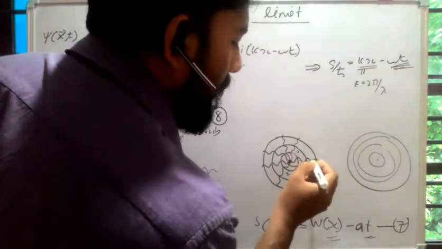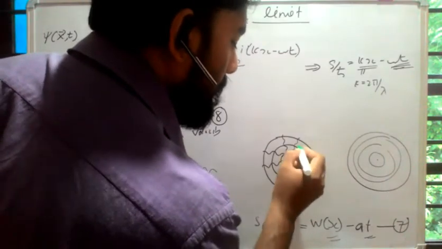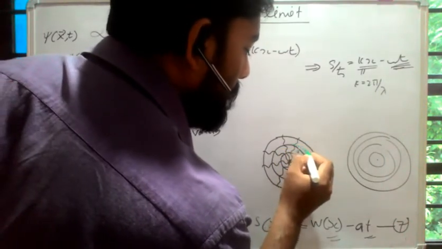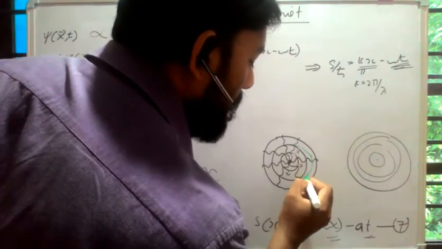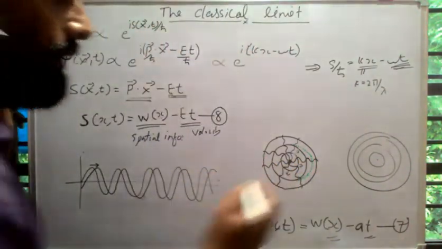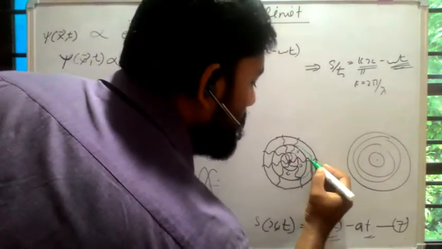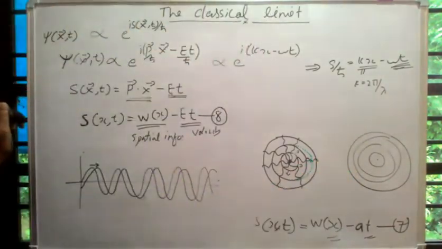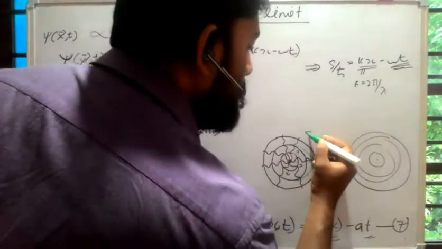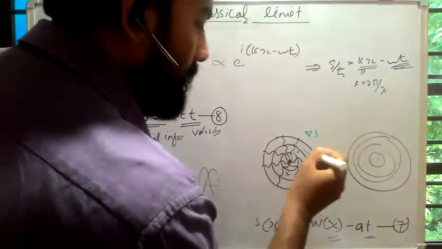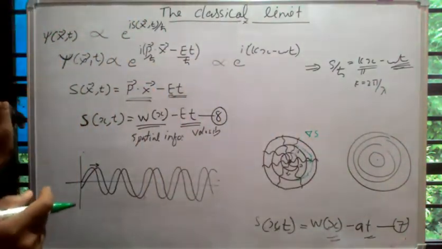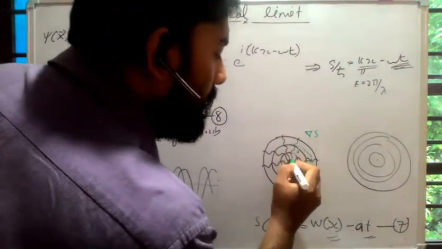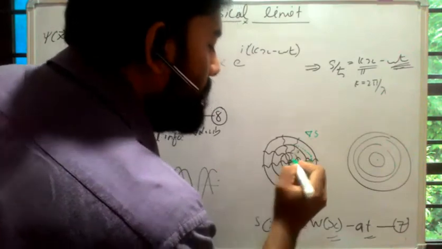If suddenly the phase change happens in some particular direction, and these concentric circles become like this, that means the maximum phase change happens at this portion. That means the direction of del S is in this portion, so we can sense the particle starts to move in this direction.